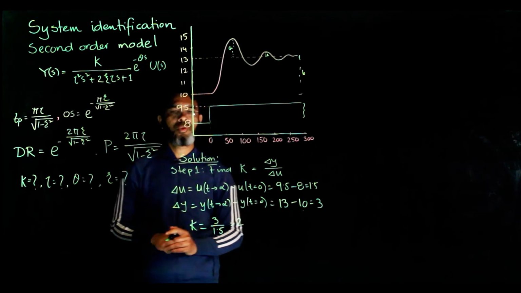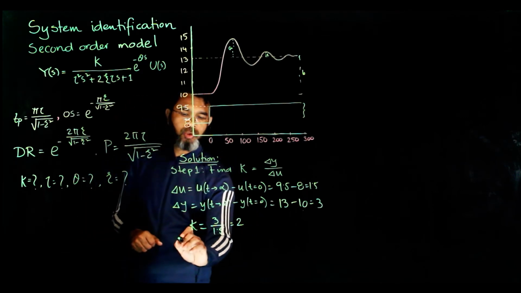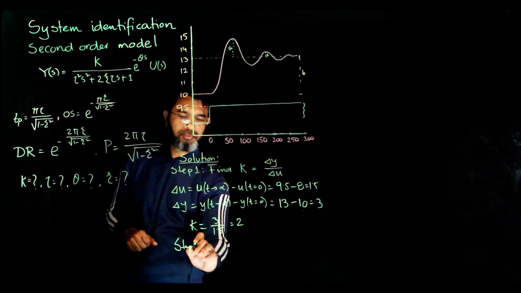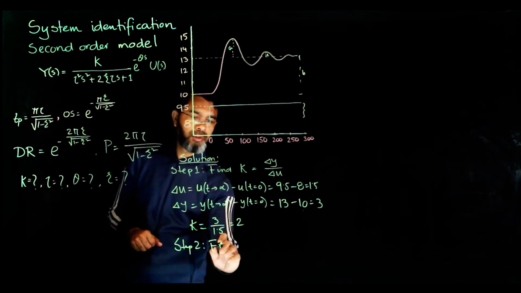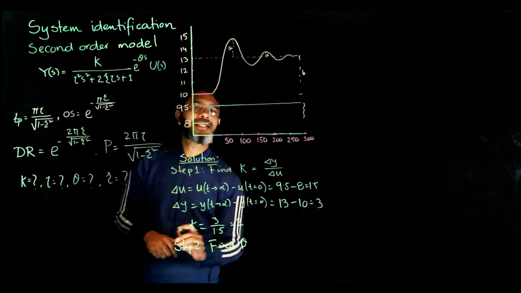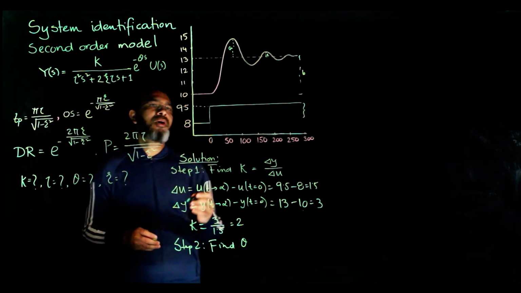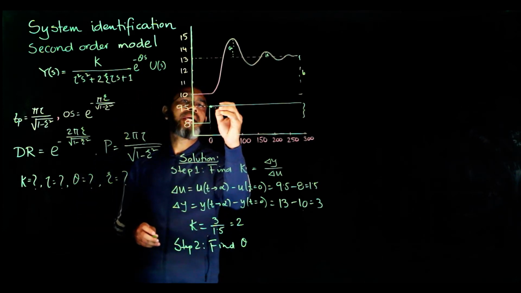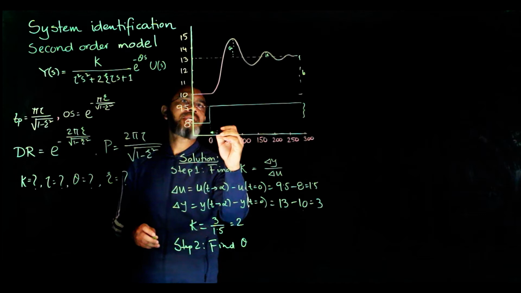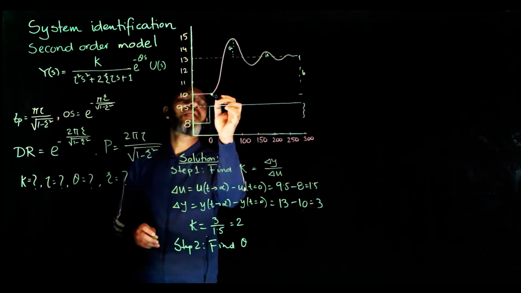2. Okay. Now step 2 would be to find theta, that's the time delay. If you look at the response here, the input is changed at time 0, and we see that there is a little bit of time lag here.